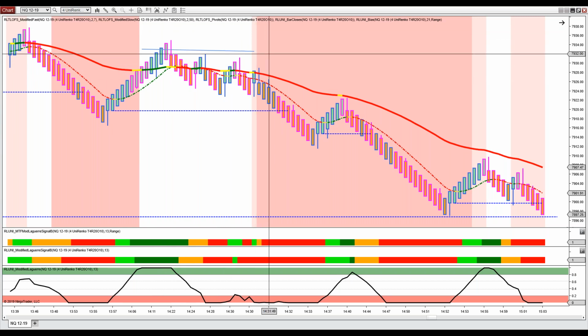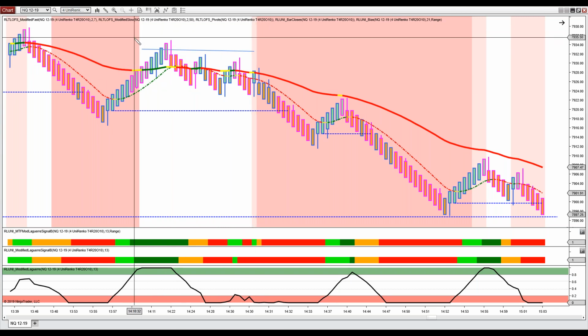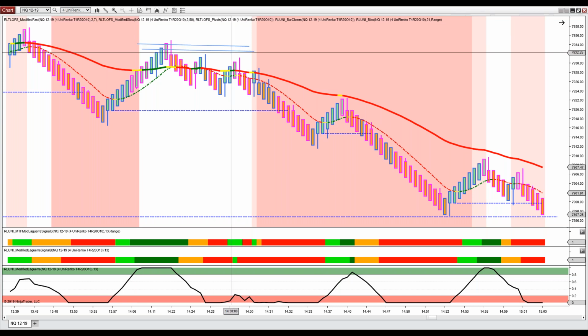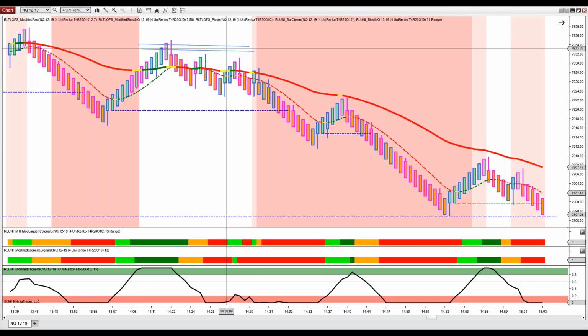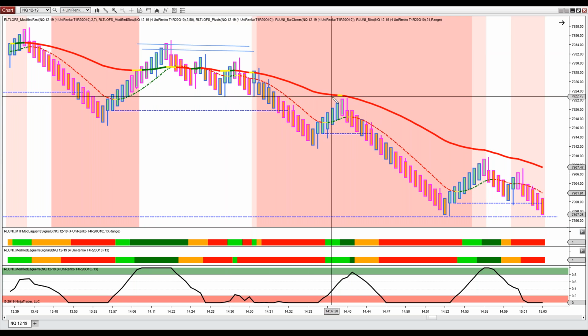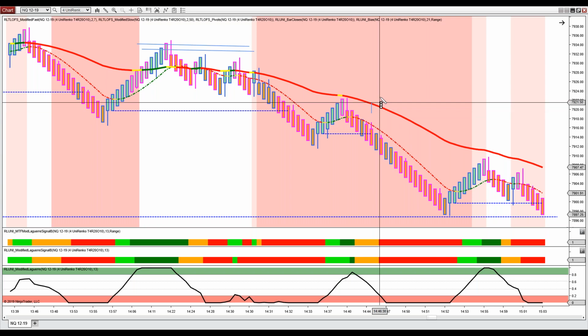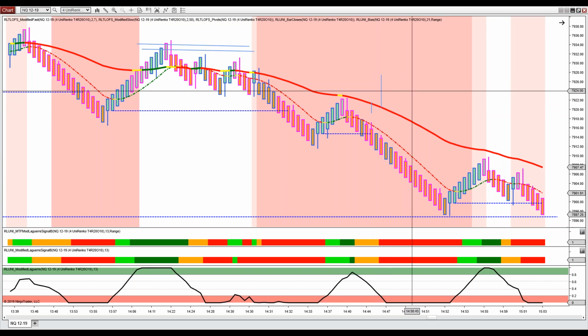Up and down, up and down, up and down. I never trade a clear area because there's no alignment and trend on the higher time frames. I know there's no institutional money involved, and I'm just not going to trade it. When you're below the 50, you can only trade short. When you're above the 50, you can only trade long.